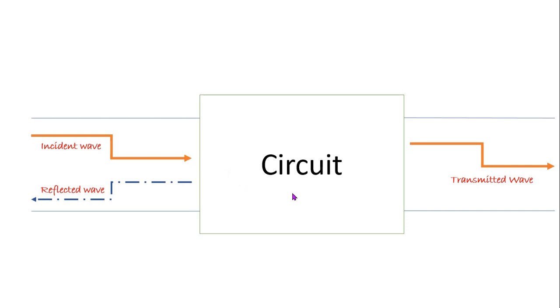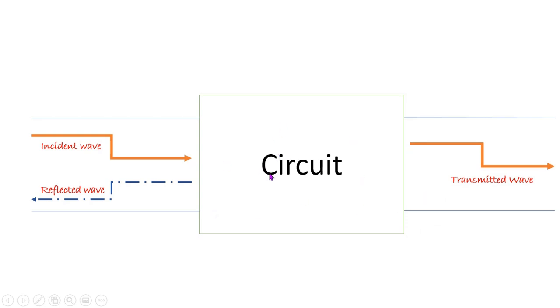So that means the efficiency of our circuit is getting lowered, and in a practical scenario we want to feed as much power as we can to our circuit, but here it's a very bad kind of circuit because 0.5 of the power is getting reflected. So is there any way to know the relationship between incident wave, reflected wave, and transmitted wave without knowing the circuit or the black box?